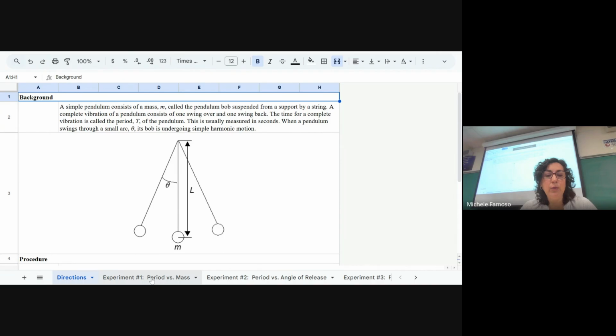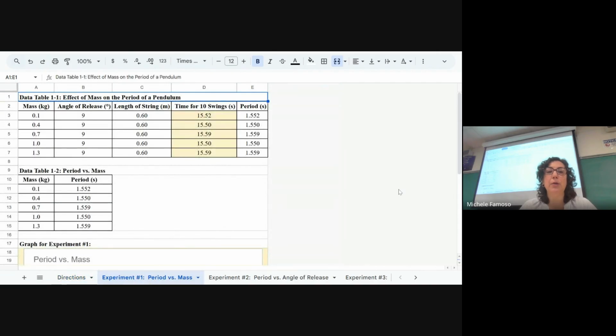So remember that we started off in our first experiment on Friday. We varied the mass at the bottom of the massless string, and we measured how much time it took for it to swing back and forth 10 times. You'll see that the Google Sheet then calculated what's called the period, which is the time for one swing.